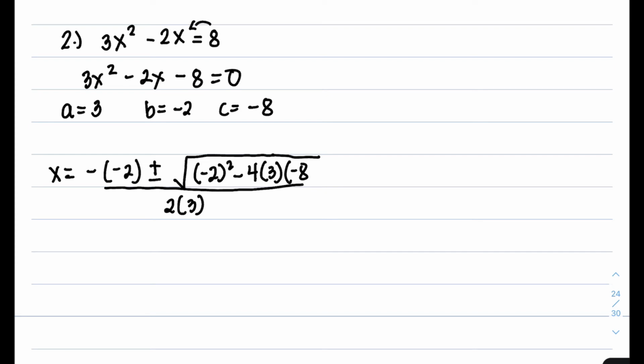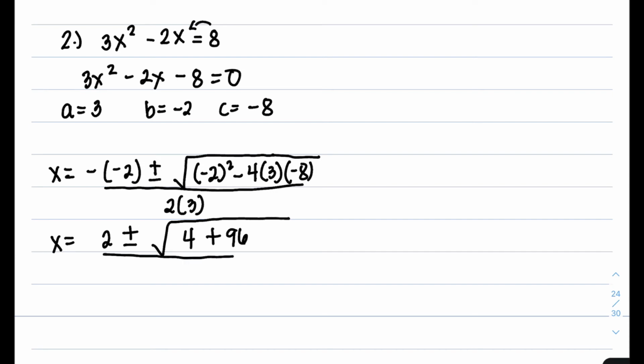So let's simplify. x is equal to negative times negative, positive 2, plus minus square root of negative 2 squared, we have 4, minus 4 times 3, that is negative 12, times negative 8, that is plus 96, over 2 times 3, that is 6.